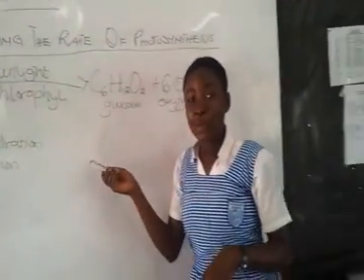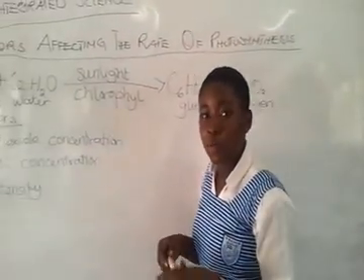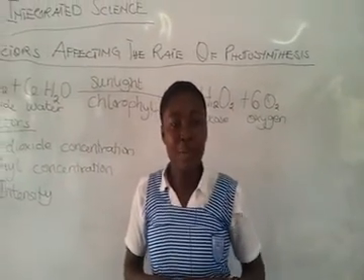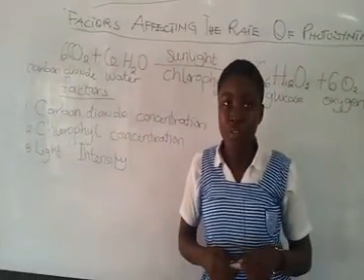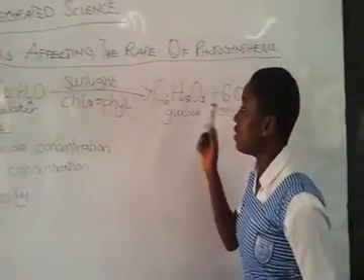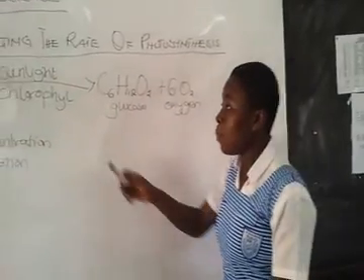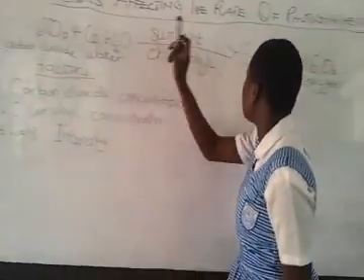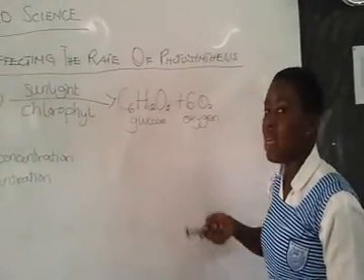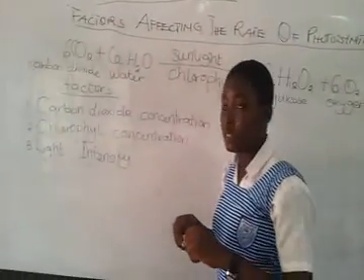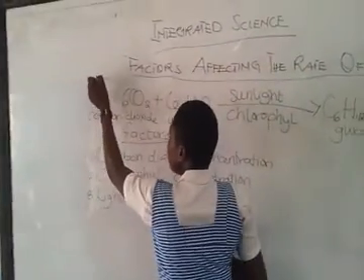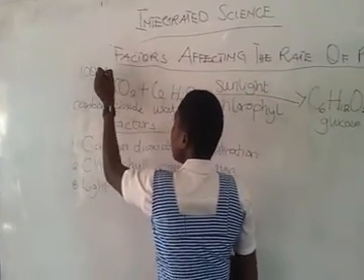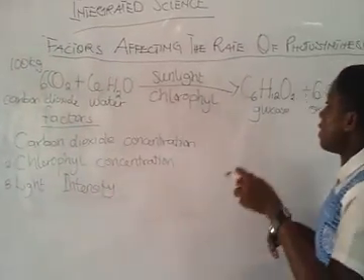With carbon dioxide concentration, the rate of photosynthesis increases with an increase in the carbon dioxide concentration. So considering this equation where carbon dioxide concentration affects the amount of glucose that will be produced, let's say we have carbon dioxide concentration being 100 kilograms.